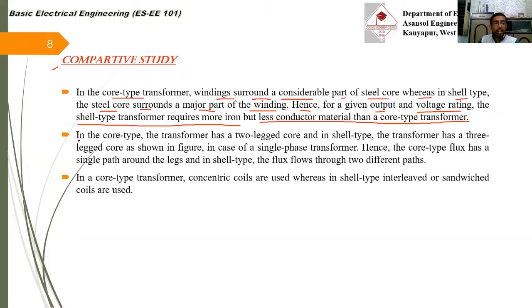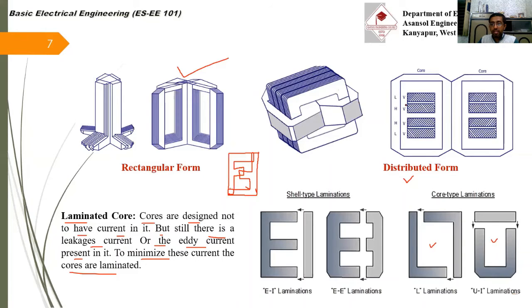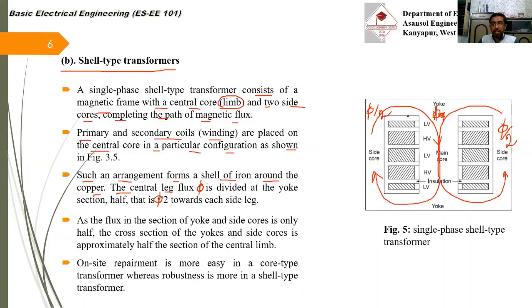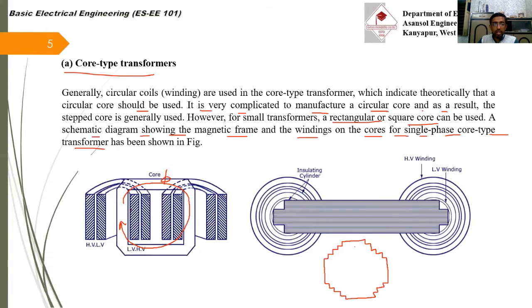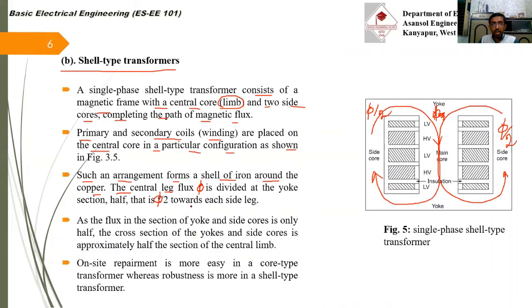In a core type, the transformer has a two-legged core, and in shell type, the transformer has a three-legged core. You had already seen it, that here it is three-legged, but here it is two-legged, right?